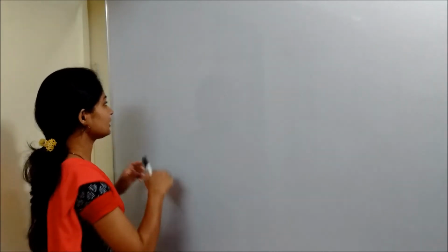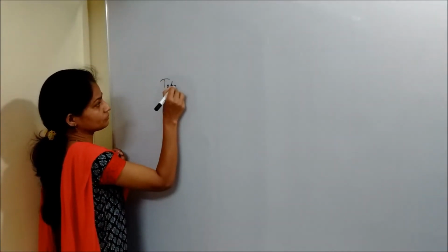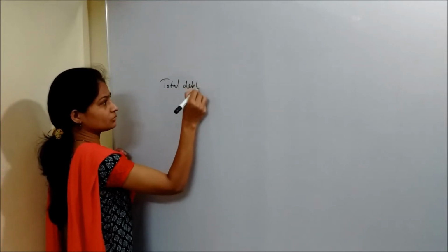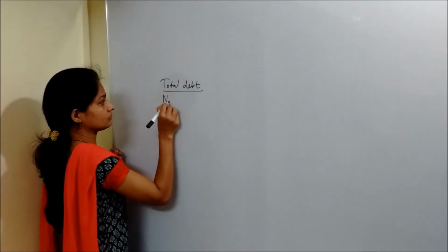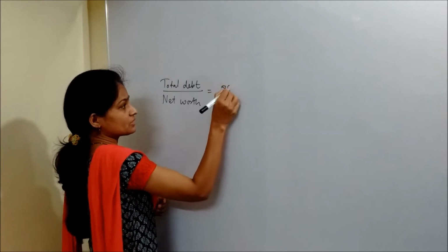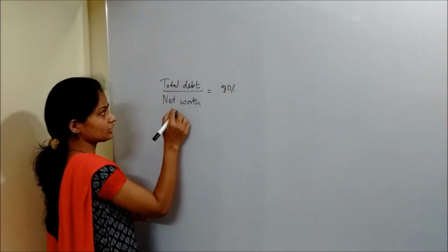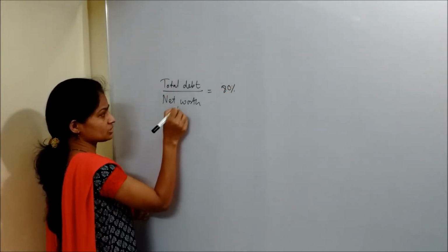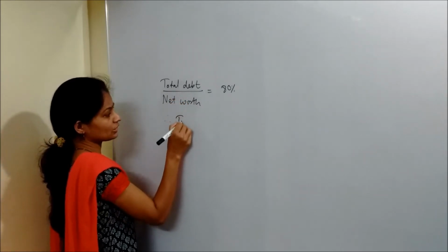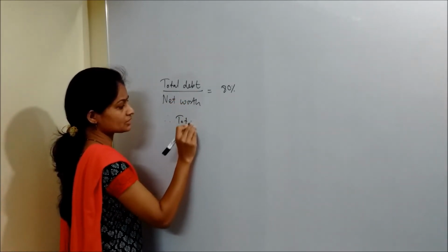Next ratio is total debt to net worth. I am writing it here: total debt to net worth is 80%. So we know the net worth, so just putting the information in the formula. Total debt we do not know, so as it is I am writing.